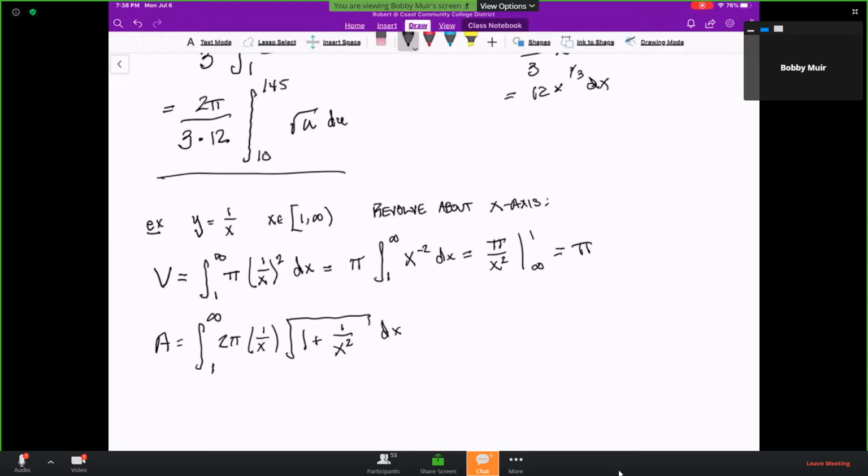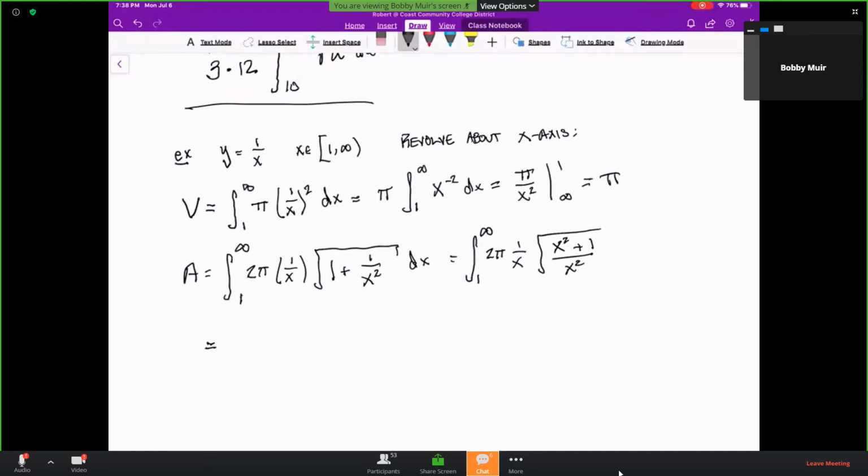All right, now we can play with this guy a little bit to see what, if anything, is going to come from it. 2 pi times 1/x square root of x squared plus 1/x squared.